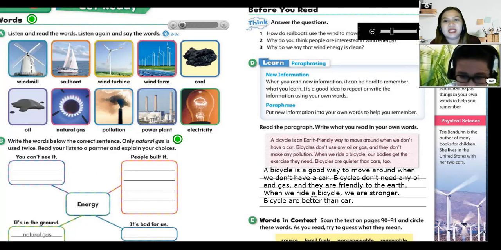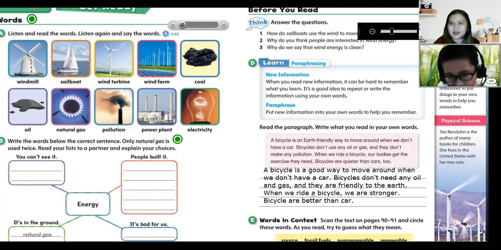A bicycle is an earth-friendly way to move around when we don't have a car. Bicycles don't use any oil or gas, and they don't make any pollution. When we ride a bicycle, our bodies get the exercise they need. And bicycles are quieter than cars.